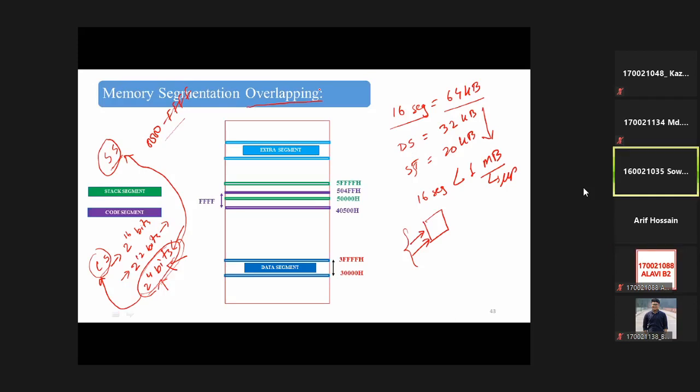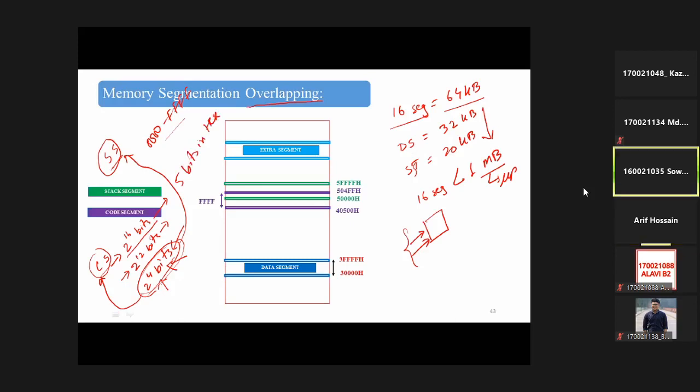Sir, instead of using 2 to the power 12 bits in CS, let's say we need some execution that needs 2 to the power 17 bits. Will it go to the stack segment and take some bits from there? No, you cannot have 2 to the power 17 bits for a particular segment, because whenever you exceed 2 to the power 16, you need 5 digits in hex, right?